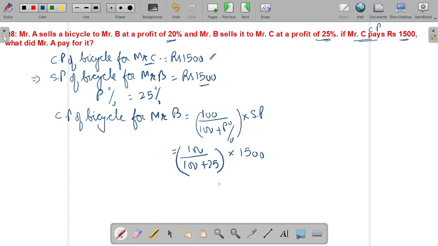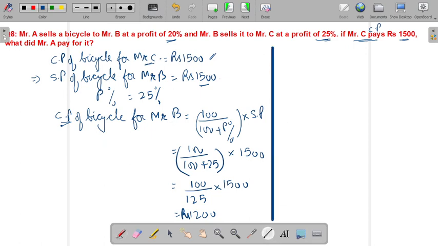Now we will solve it. 100 upon 125 multiply 1500. Now if you solve it further, then you will be getting its answer as 1200. So this 1200 will become the cost price of bicycle for Mr. B. Now we will go further.